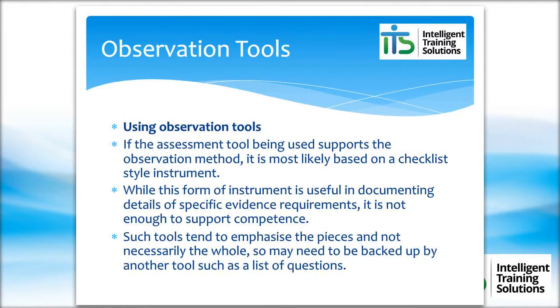They grab the elements of performance criteria and put them in boxes. They just cut and paste the elements of performance criteria into boxes. They cut and paste the evidence requirements, especially the critical aspects of evidence and the critical aspects of knowledge, and they leave 2 empty boxes to the side and go yes or no. And that's meant to be your assessment tool, that you has done it. That is not good enough for auditors.